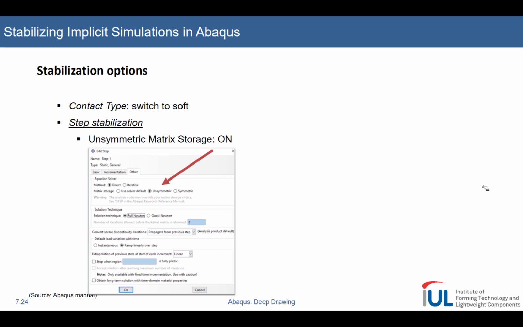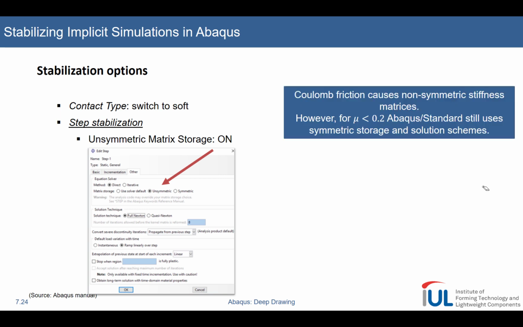Okay, next would be the type of measures that you can define in your step module. So, one thing you can do is switch to an unsymmetric matrix storage. So switch it on, because by default it uses the solver default, and default options here mean that Abaqus, for a friction value below 0.2, which is fairly common in a metal-to-metal surface interaction, especially if you use some sort of lubrication, you will in many cases stay below 0.2.